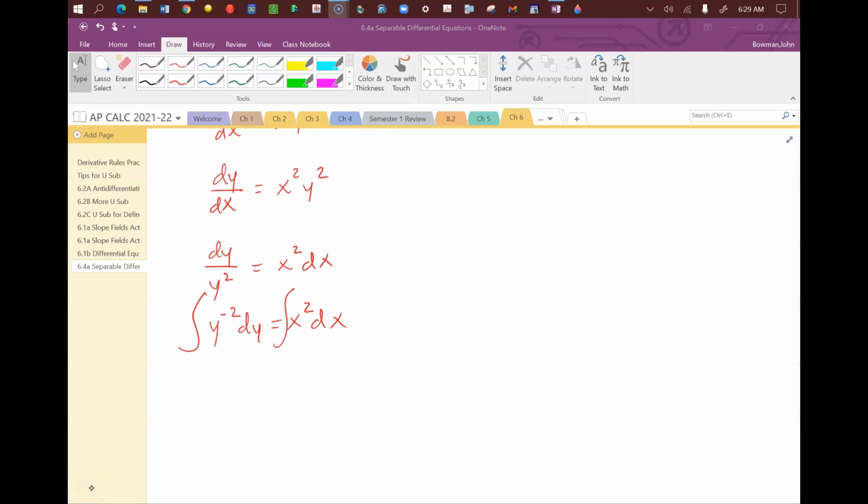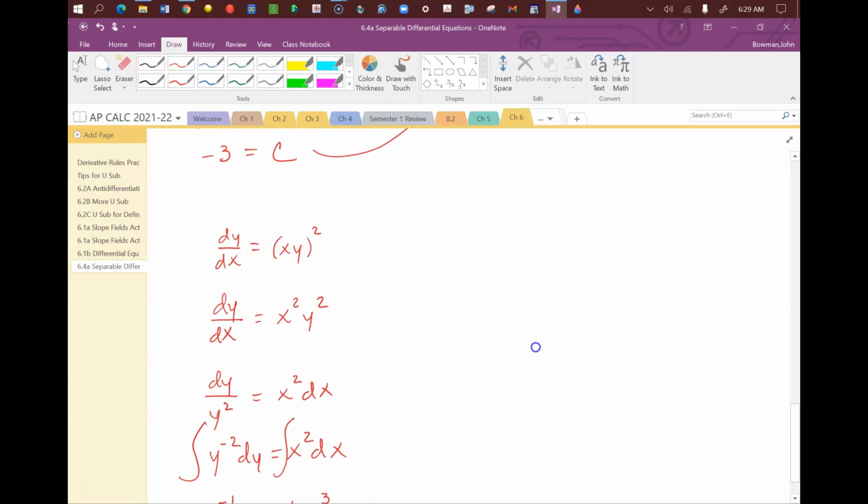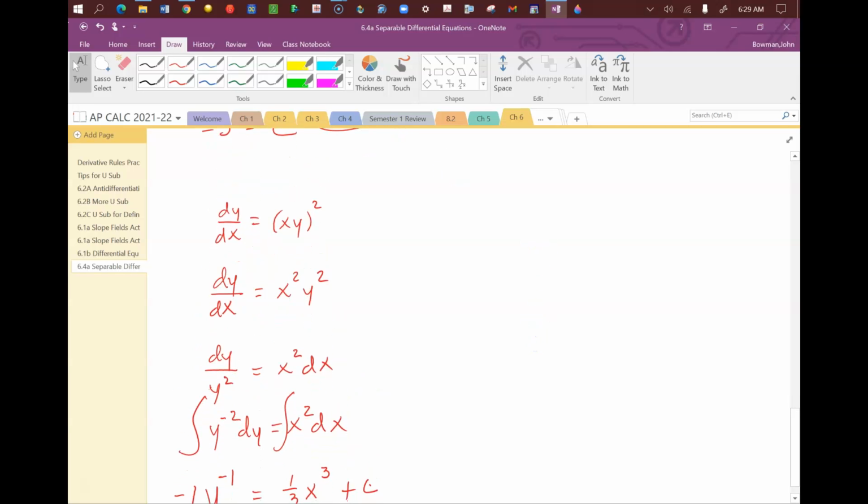So when we integrate that, we're going to find the antiderivative. So what do we have? We have y to the negative 1, but we need a negative 1 out front of that, is equal to 1/3 x cubed plus c. Now, we have some initial conditions that I didn't originally state, and those initial conditions are x is equal to 1 when y is equal to 1.